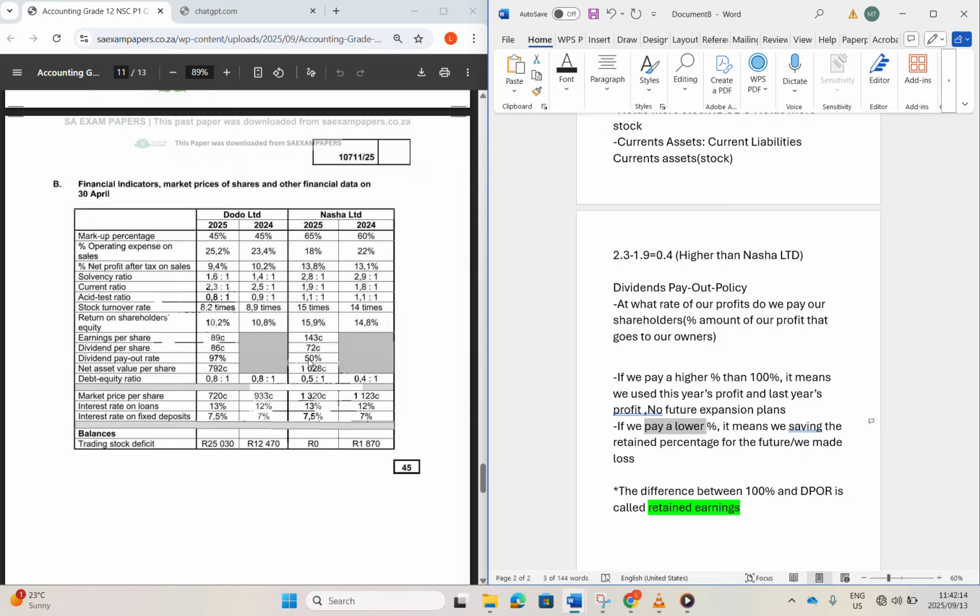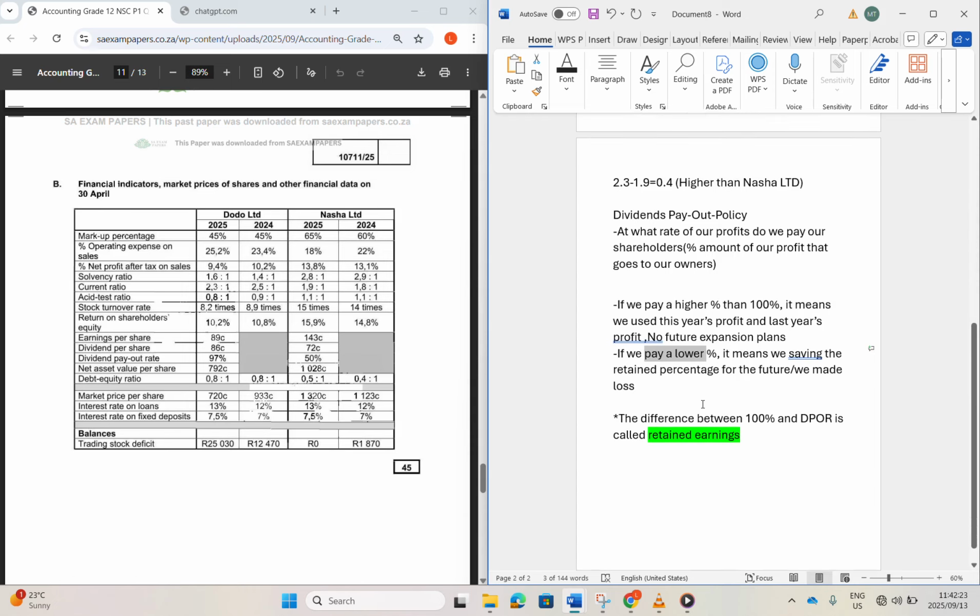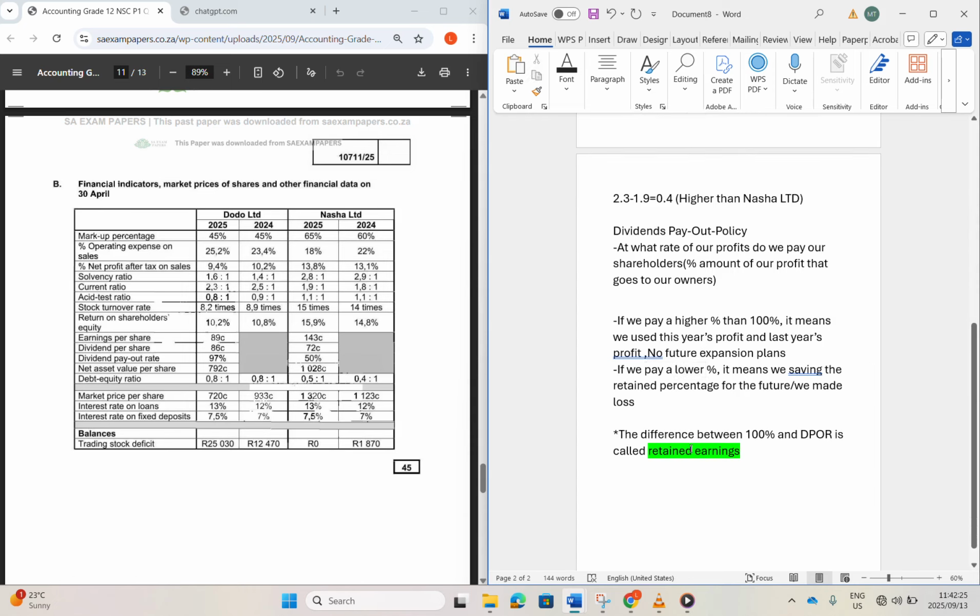Nasha had a 50% dividends payout rate. It means they retained how much? Remember, the difference between 100% and the dividends payout rate is called the retained income.